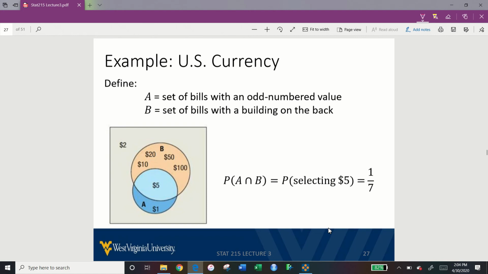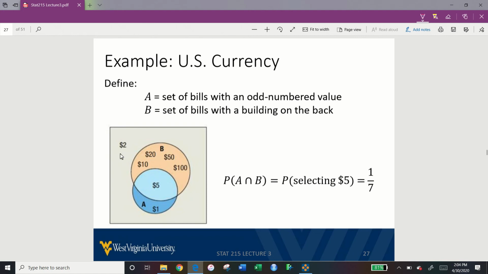For B, the set of bills with a building on the back is 5, 10, 20, 50, 100. We can notice that there is an overlap with our $5 bill. It is both an odd number value and there's a building on the back. Notice that the $2 bill is outside of both our events A and B.